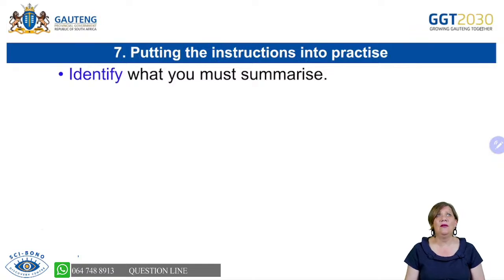Or are we looking for the 7 ways to lose weight? Whichever it is, we will give you a clear instruction. So make sure you underline or highlight it on your question paper. That question paper belongs to you and you are allowed to use highlighters on your question paper, not in your answer book.